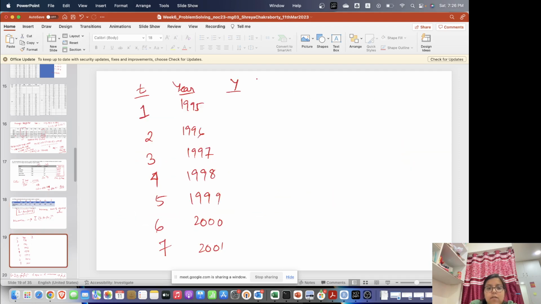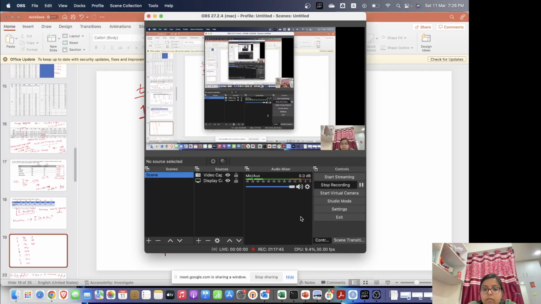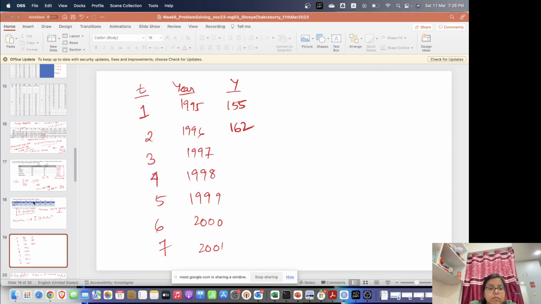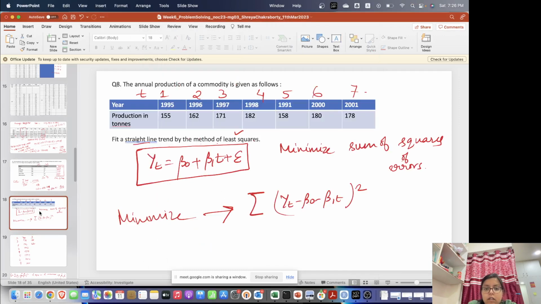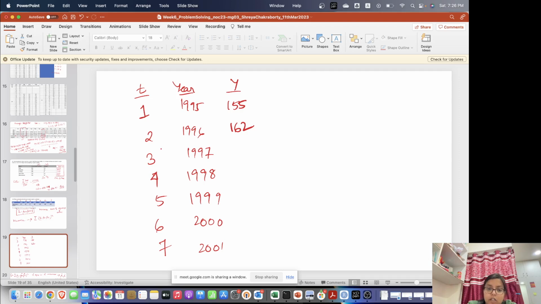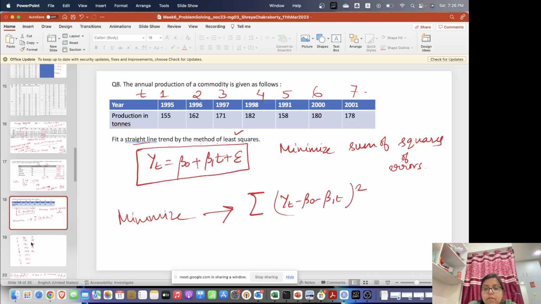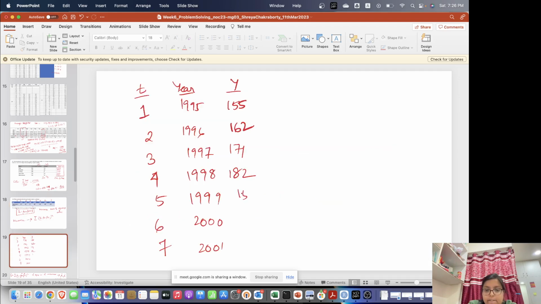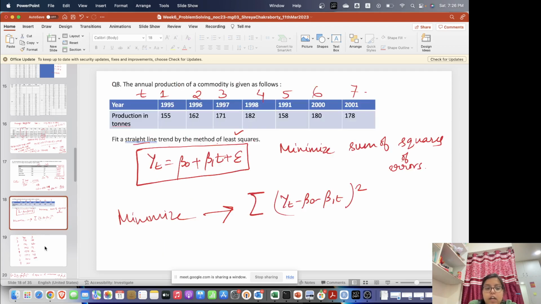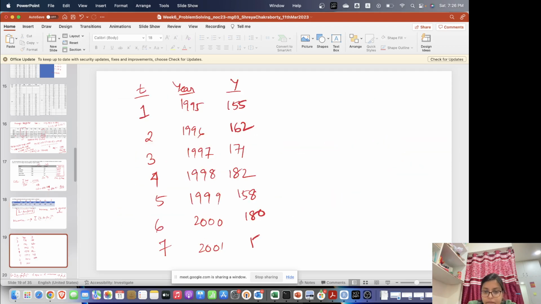And the y's are 155, 162, then it is 171, 182, then we have 158, 180, then we have 178.